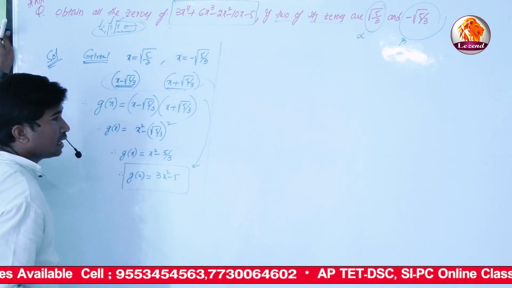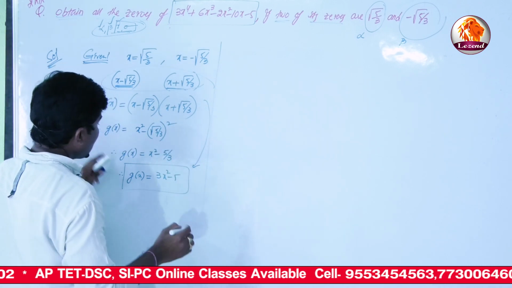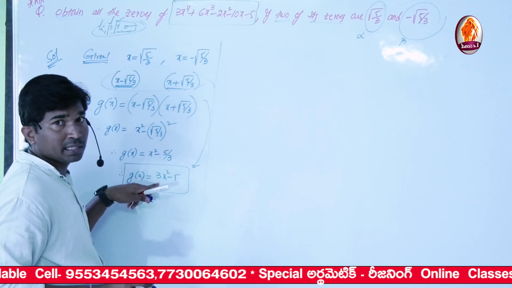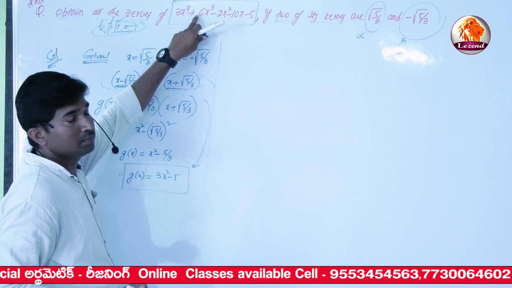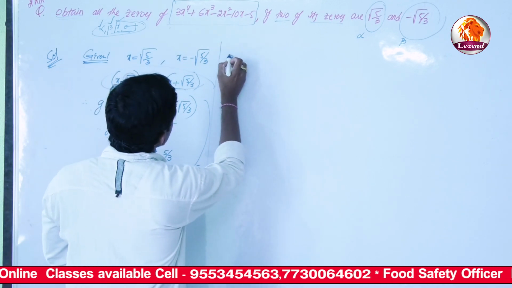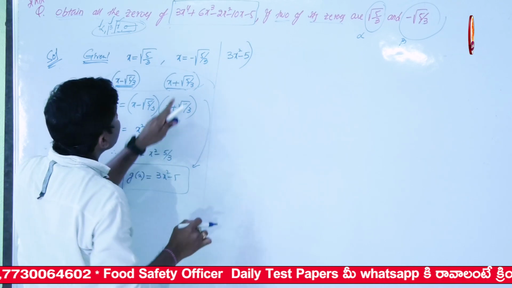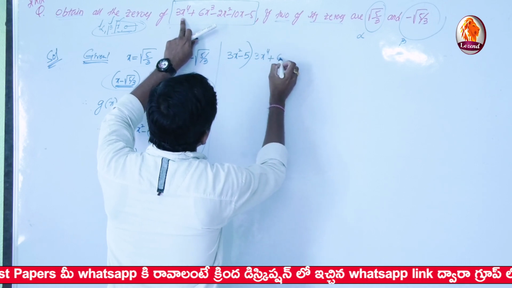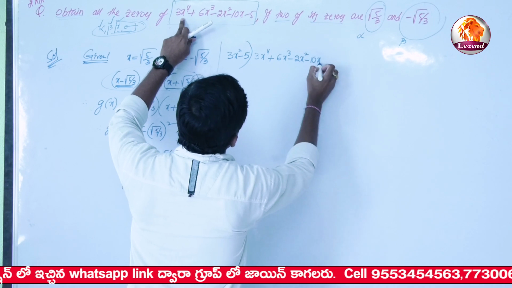Now we are going to find the resultant polynomial by using the long division method. Take 3x square minus 5 as the divisor, and this is the dividend: 3x power 4 plus 6x cube minus 2x square minus 10x minus 5.